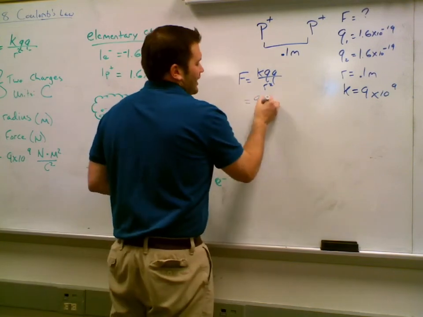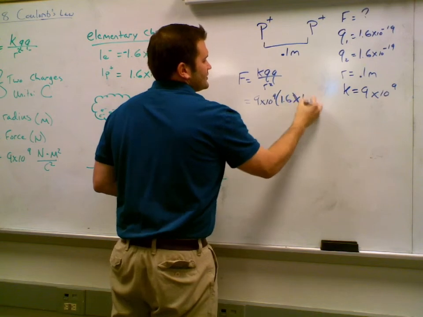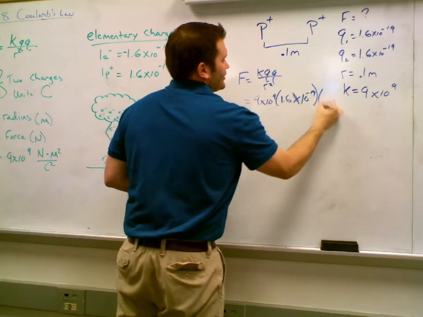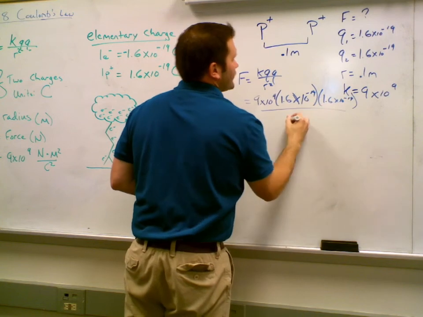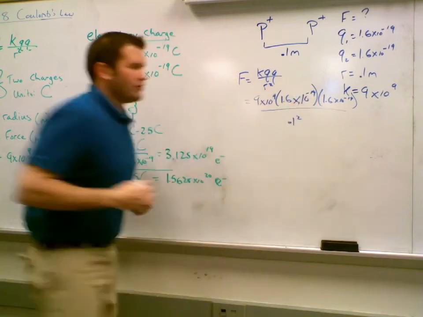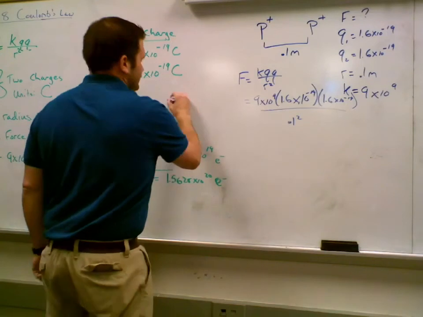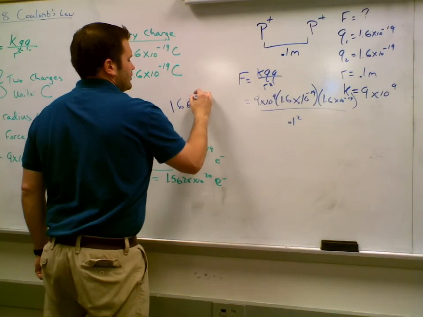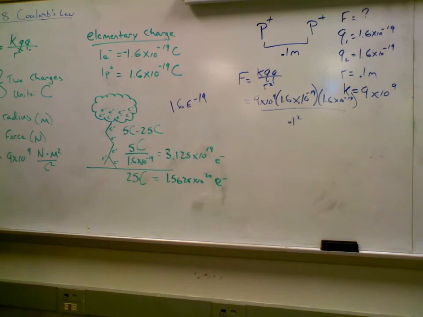So 9 times 10 to the 9th times 1.6 times 10 to the negative 19 times 1.6 times 10 to the negative 19 all over 0.1 squared. Now, when you have 10 to the negative 19th, you type 1.6 e negative 19.